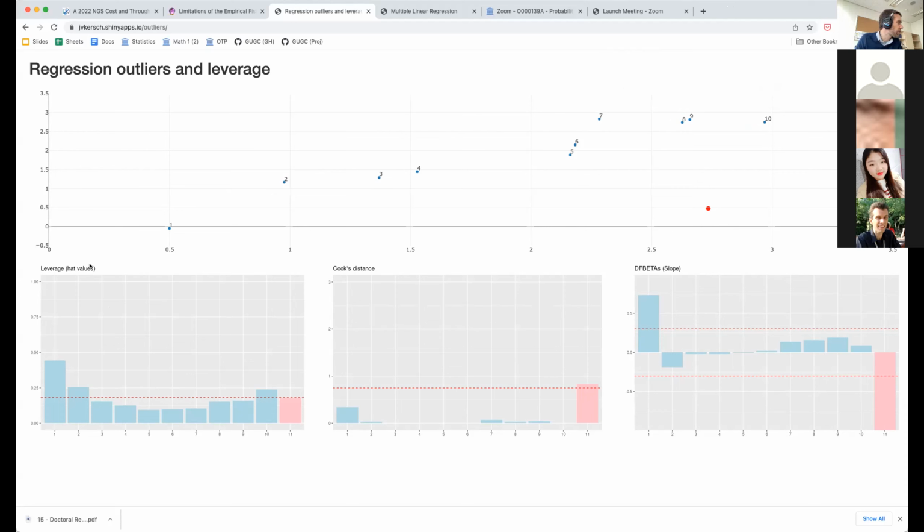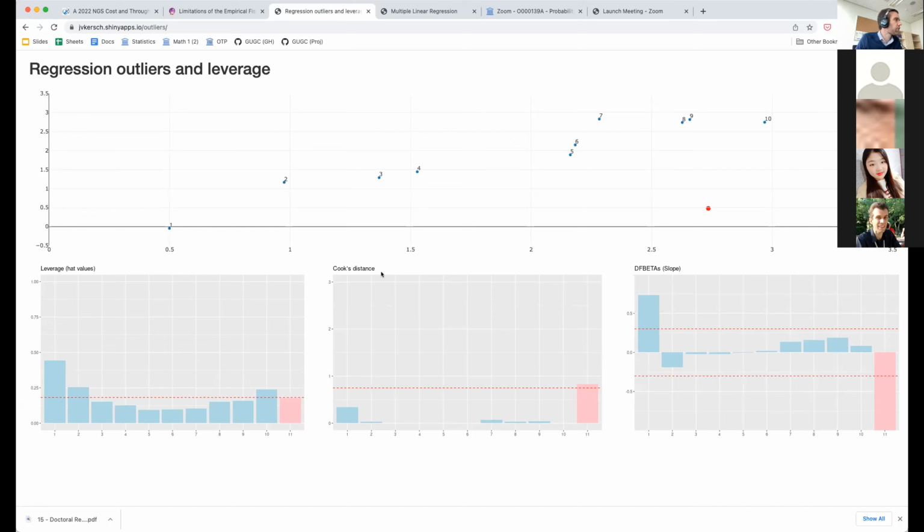We have the leverage, and the dashed line here is 2 times P divided by N. Here we have a linear regression with 1 predictor, so 1 slope and 1 intercept, so 2 parameters. So this line is going to be at 4 divided by 11, which is wherever that red line is.